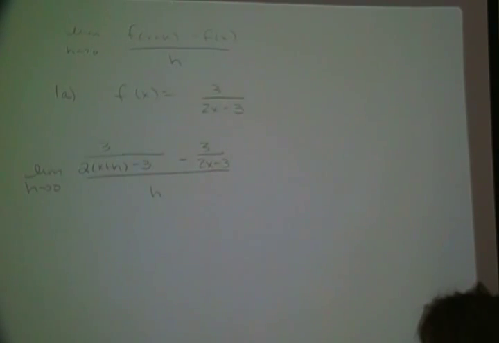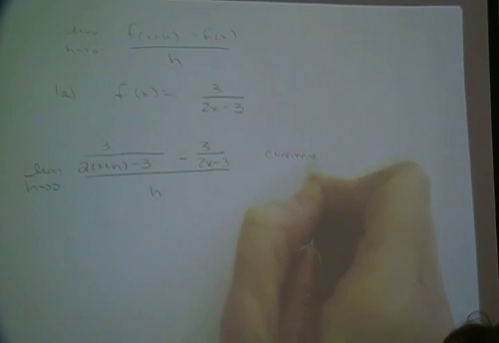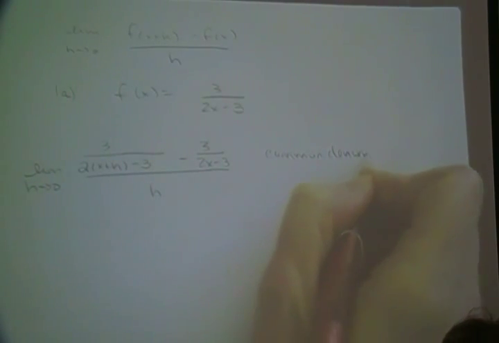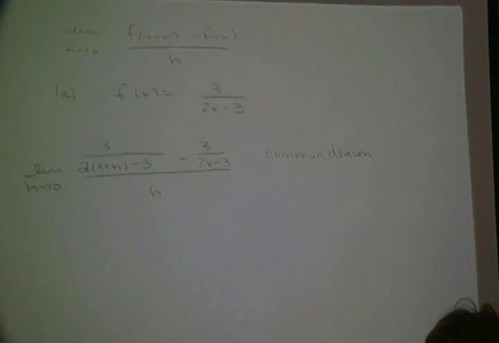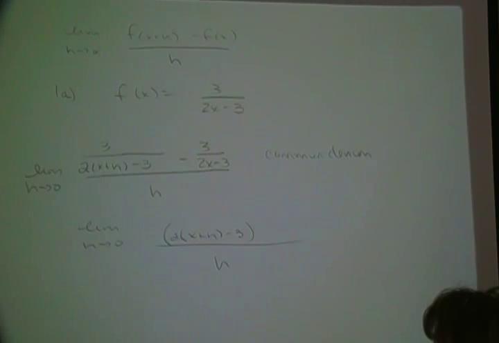And in this type of problem where it's a fraction, the strategy is to get a common denominator. So we're going to take the limit as h goes to 0, and our common denominator is going to be the product of the two denominators that we have: the 2 parentheses x plus h minus 3 and the 2x minus 3.